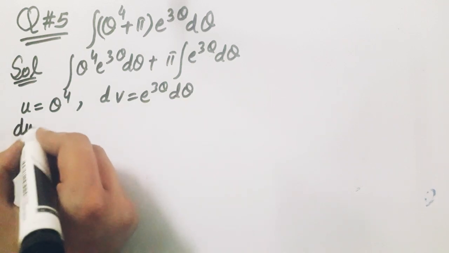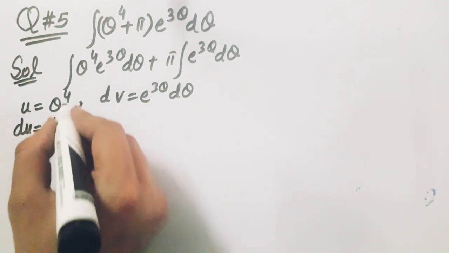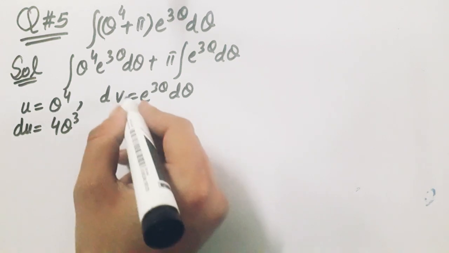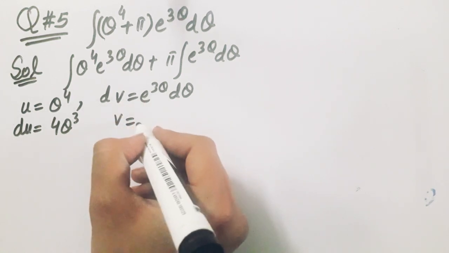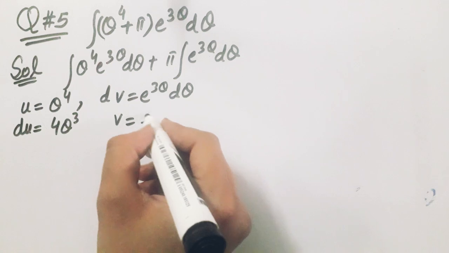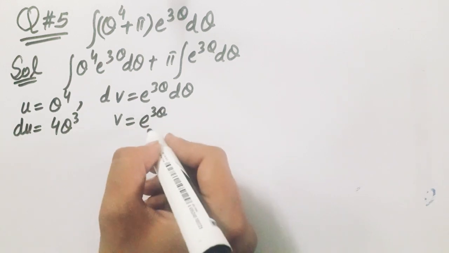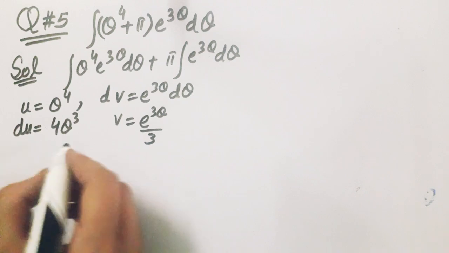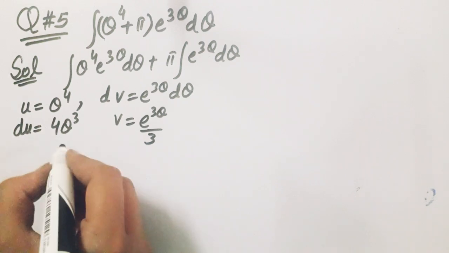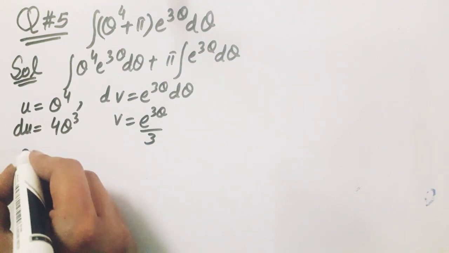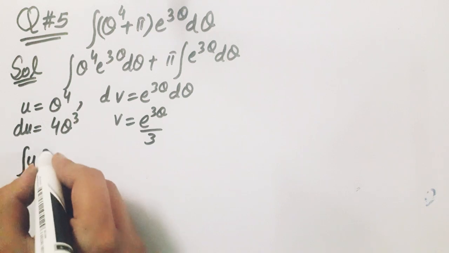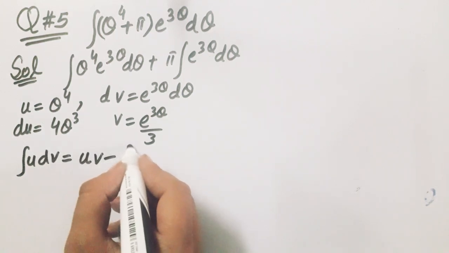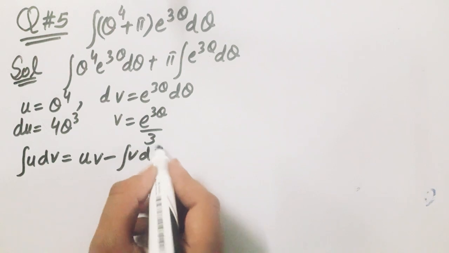Now du will be 4θ³ dθ and v will be, by integration of this, e^(3θ)/3. Now you will apply these values in the integration by parts formula, that is ∫u dv is always equal to uv minus ∫v du.